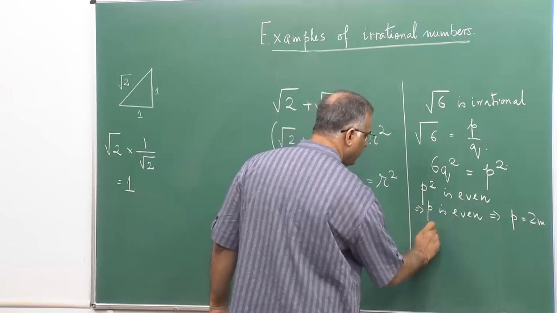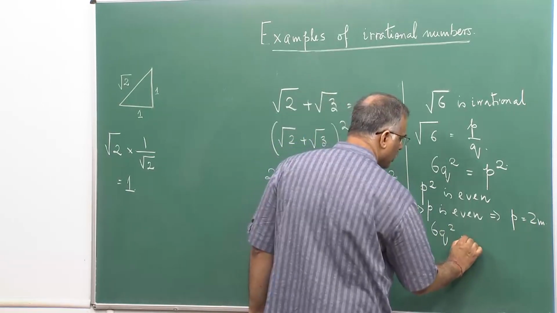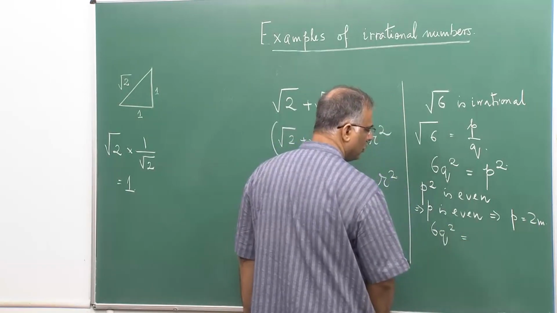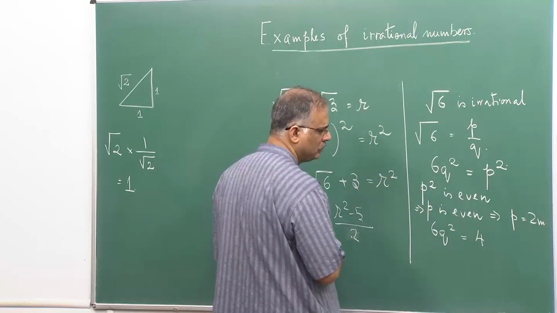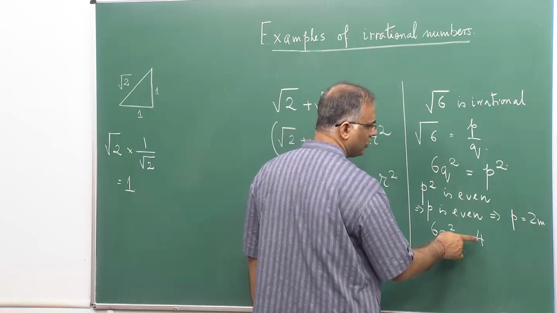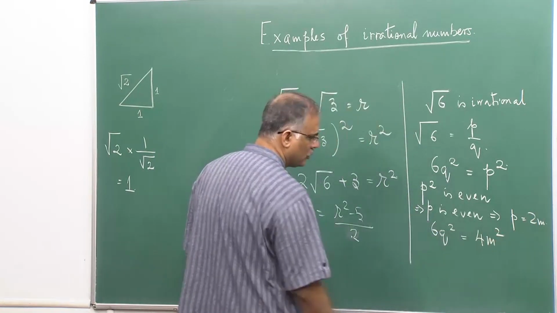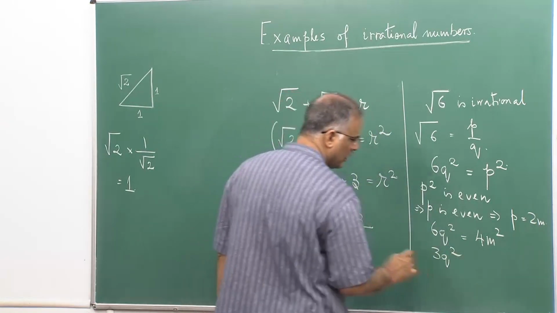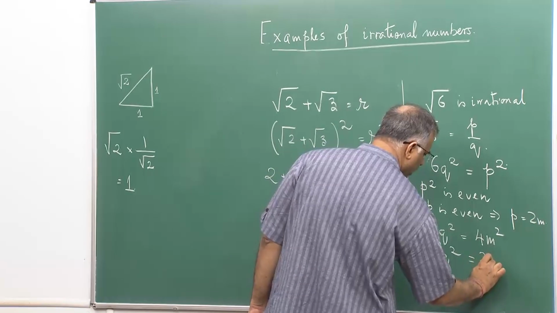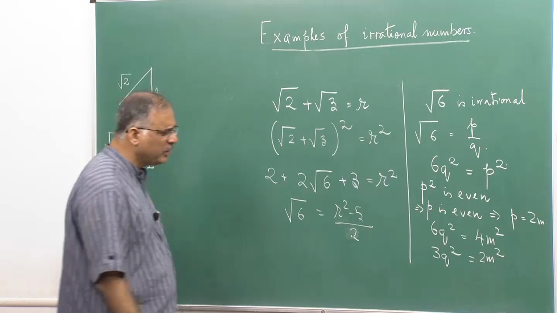Once you do that, you write 6q square is 4m square. So, you are getting 3q square is 2m square. So, what does it mean? It means that 3q square is even.